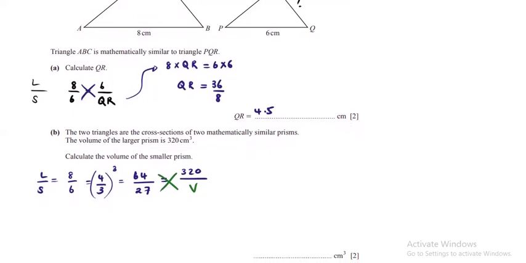So when I cross multiply, I do 64 times V. So 64 times V is equal to this 320 times 27. Then I need to divide it by 64.